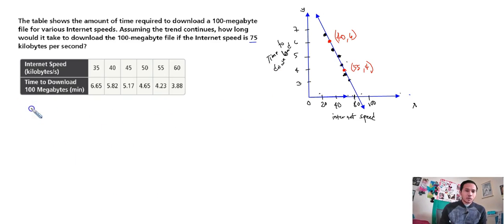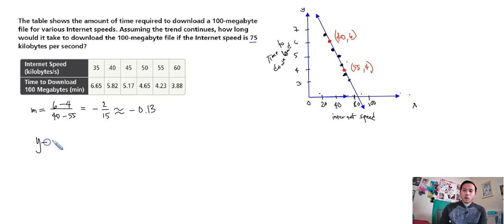Okay, so m is equal now to 6 minus 4 divided by 40 minus 55, which, as you can see, is going down, so it's negative. So it's negative 2 over 15, which is approximately negative 0.13. So that is your slope. So the next step is we're going to make an equation using one point and the slope.